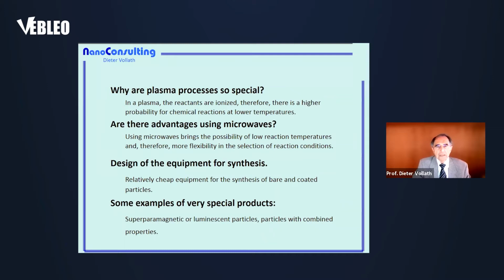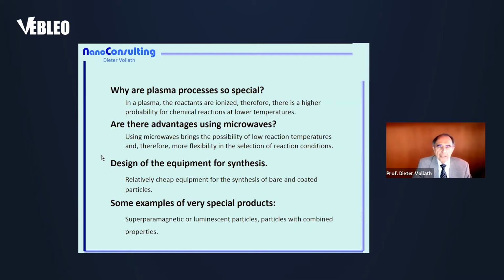In a plasma, the reactants are ionized, and therefore there is a higher probability for chemical reactions at lower temperatures. In a standard gas phase process, in general, we have reaction temperatures above, let me say, 1200 Kelvin, and in case of plasma processes, we can start chemical reactions roughly above 500 Kelvin.